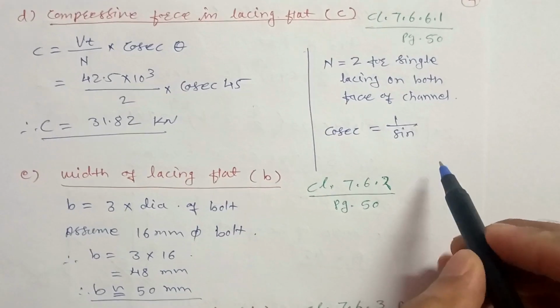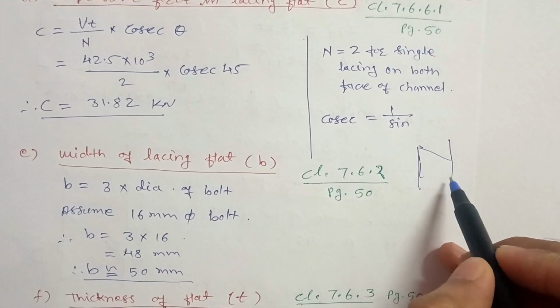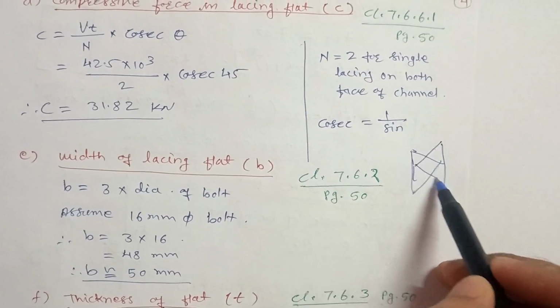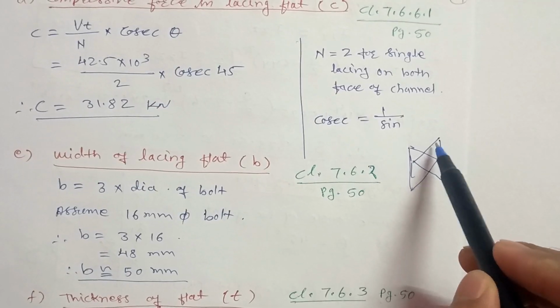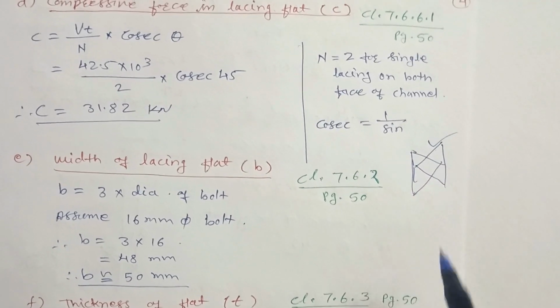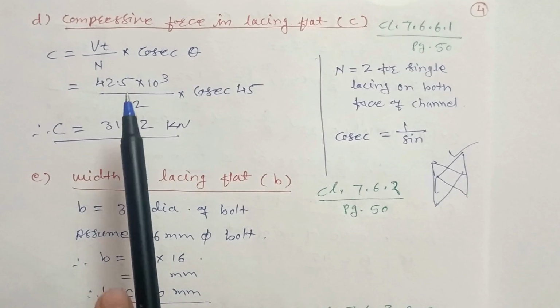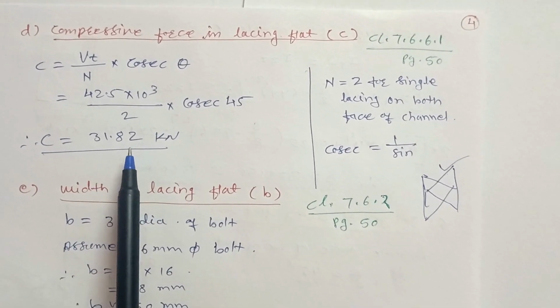Sometimes double lacing is also provided, but our lacing has been considered as single lacing, so that's why the number is 2. Through this we have calculated the compressive force in lacing flat.